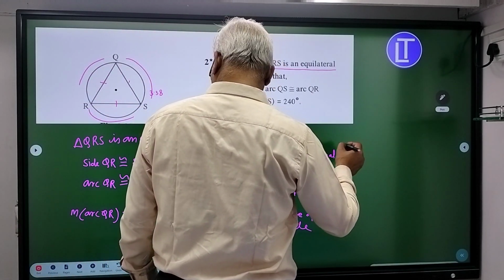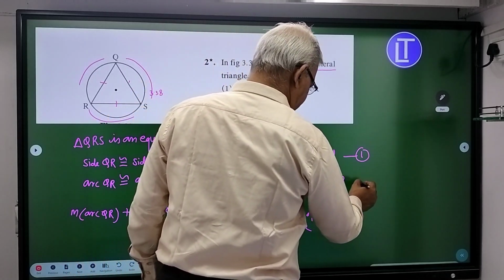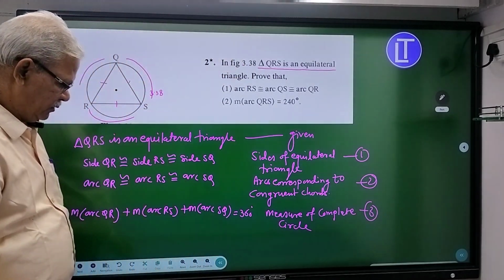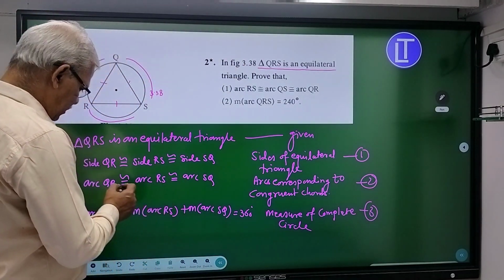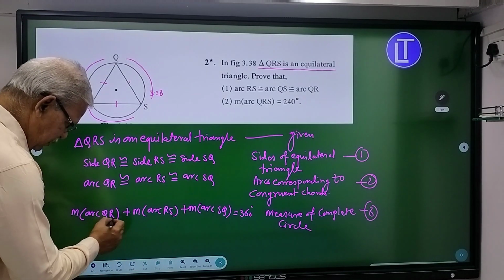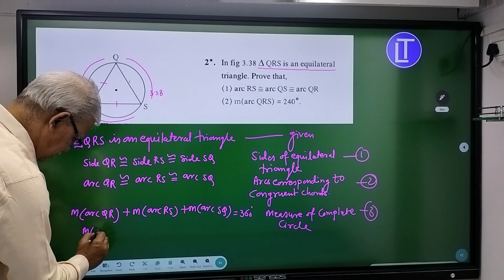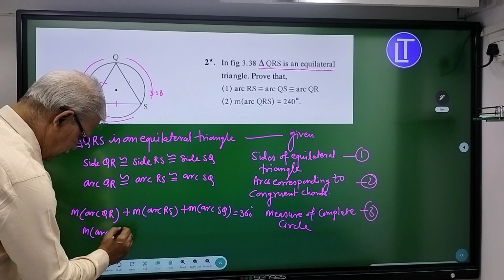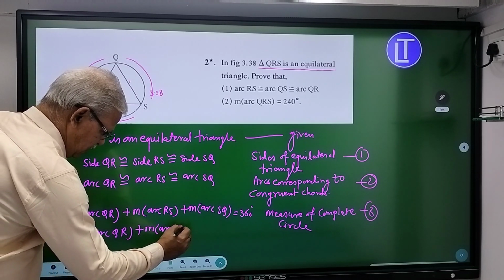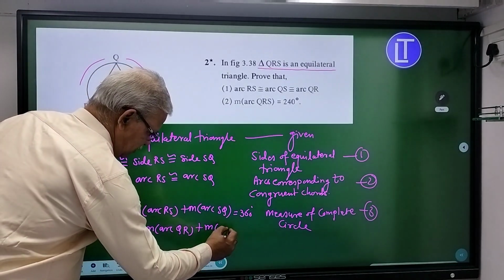Here now see, we are going to write this as equation 2 and this is the third one. Okay. Now see here, because these arcs are equal, instead of all, we can write measure of arc QR plus measure of arc QR plus measure of arc QR.